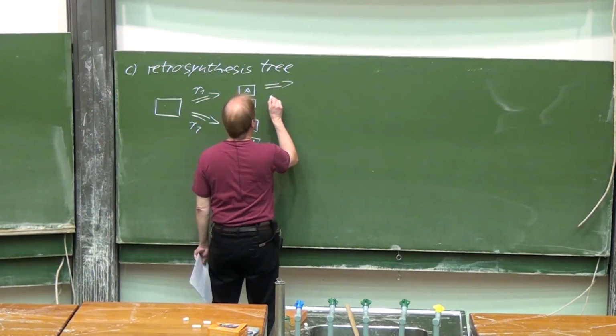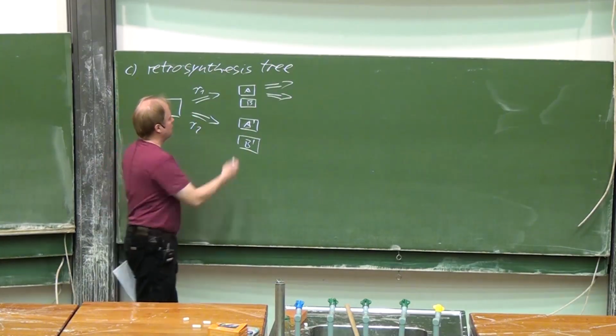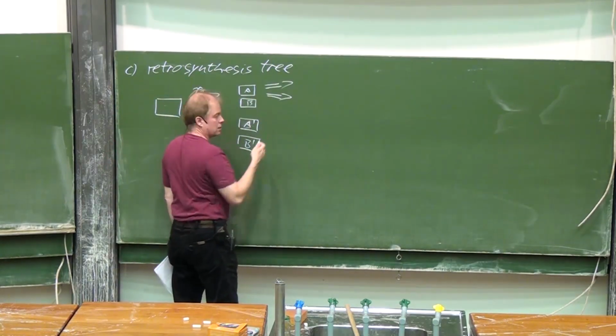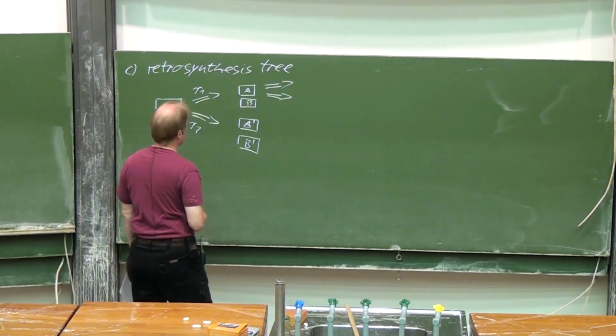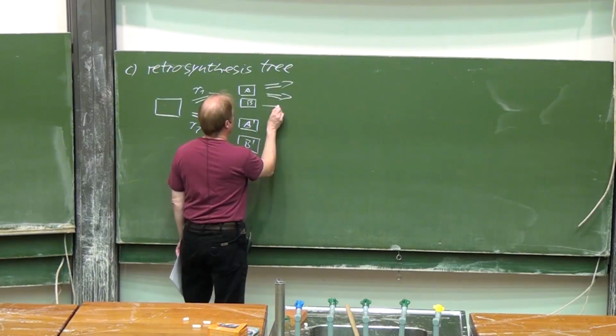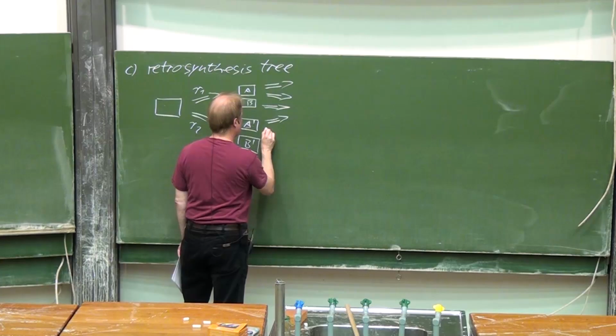So then A and B, as well as A prime and B prime, are not commercially available. Then we have again to analyze that. How should we disconnect A to get to more simple structures? Or B, we have just one idea, and here it's the same.